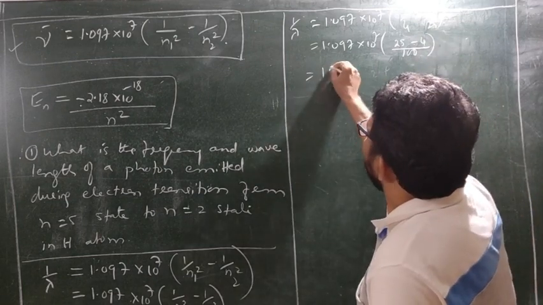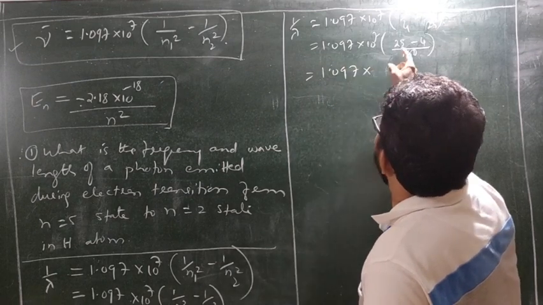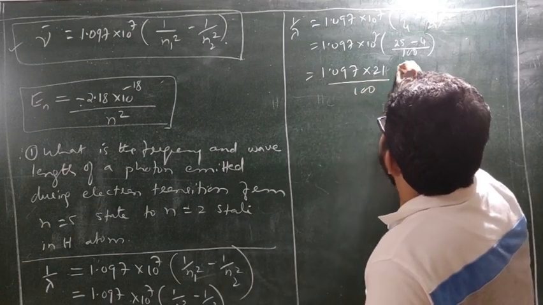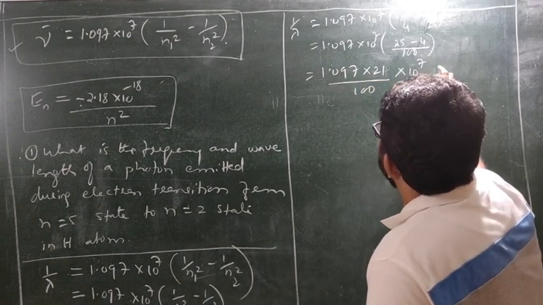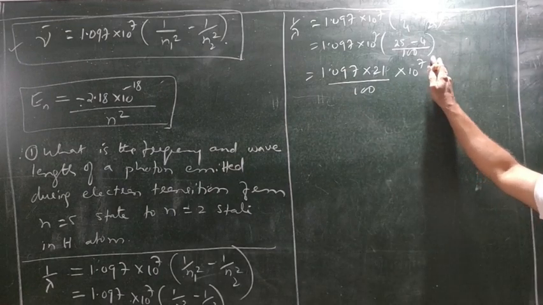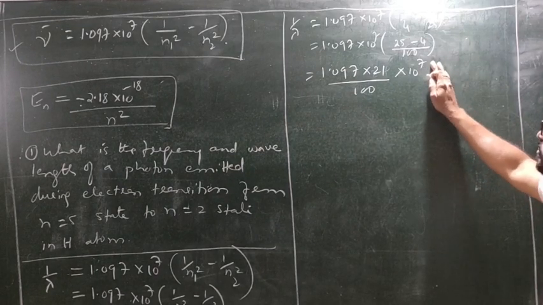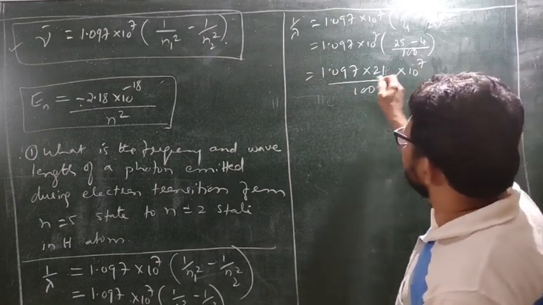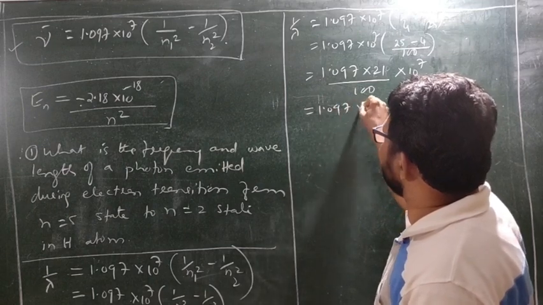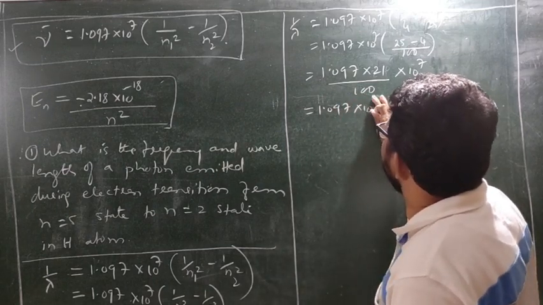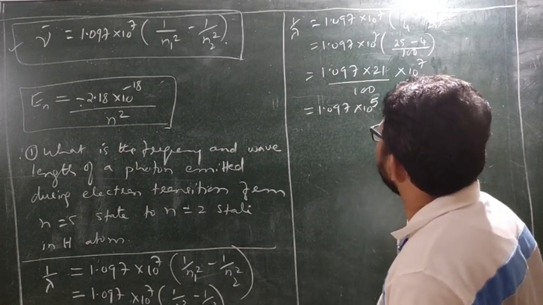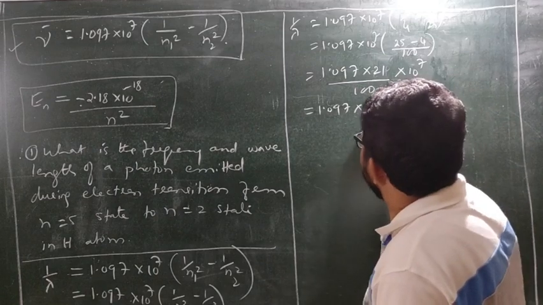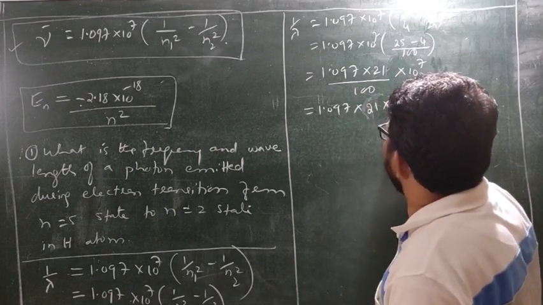So this means 1.097 into 21 divided by 100, into 10 raised to 7. 100 goes to the numerator as 10 raised to minus 2, so 10 raised to 7 becomes 10 raised to 5. Is it right? 21 remains as it is: 1.097 into 21 into 10 raised to 5.